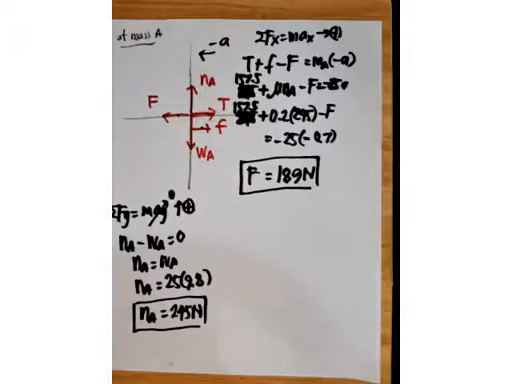Tama bang computation ko? Fifteen times 9.8 plus 15 times 0.7.